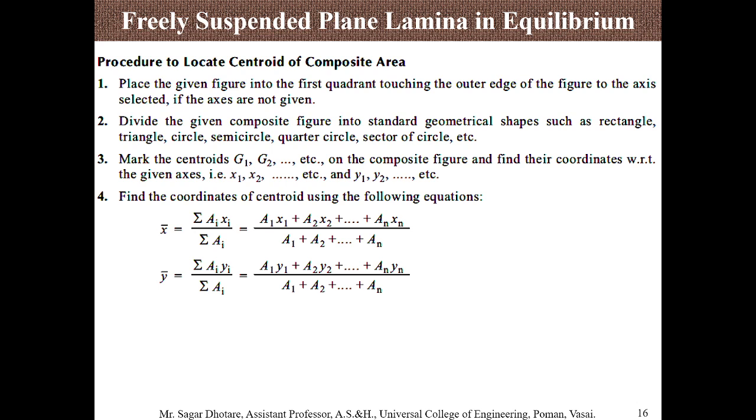Now how can we find out the location of the centroid in a composite area? We have already seen the different standard geometries. Now when they are composite, it means more than one geometry is combined to create another geometry.